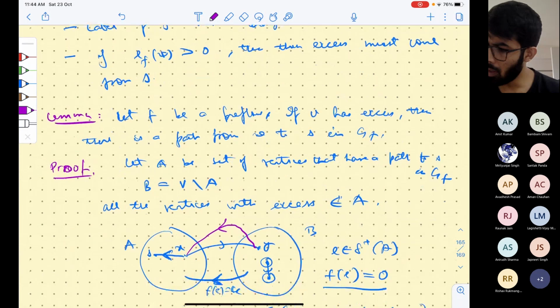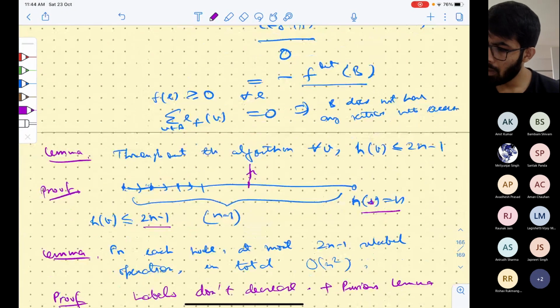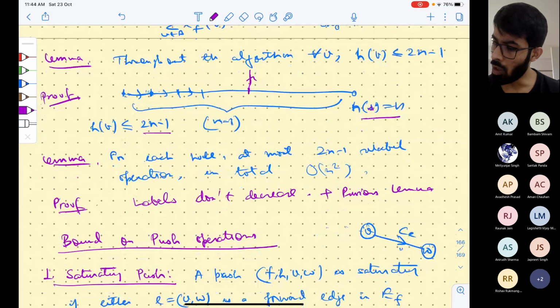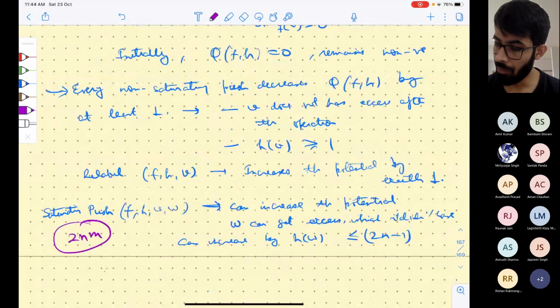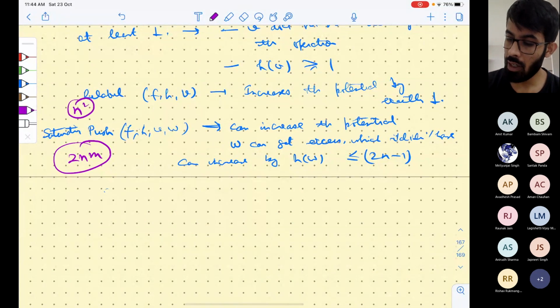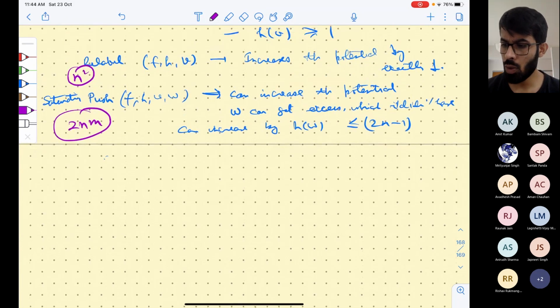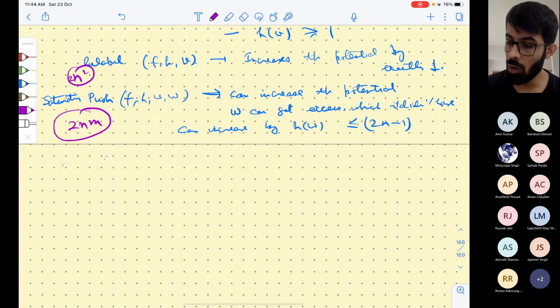So we had 2nm for this, and for relabel, how many did we have? Total 2n square, order n square. So n square, right? Good. 2n square was it? Yeah, maybe 2n square. Or was it n square? Whatever. So what is the maximum value of now phi h?